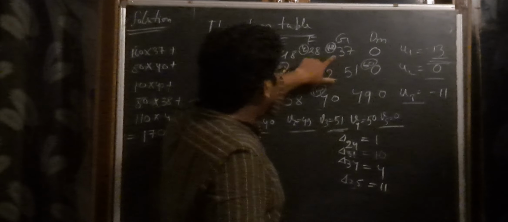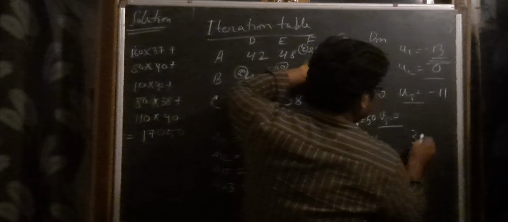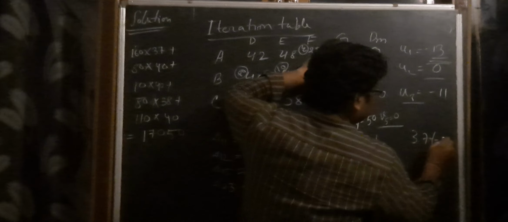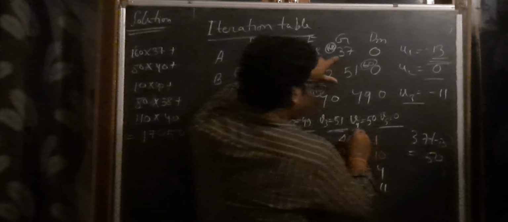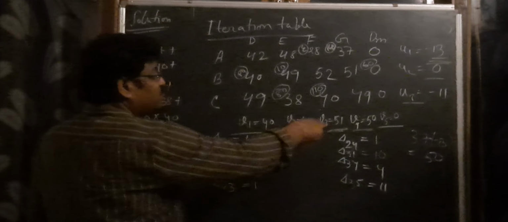So minus 13 is here. This is the allocated one. So 37 minus minus 13 is equal to 50. So V4 equal to 50. Okay, so in this way we have found the Ui and Vj values.